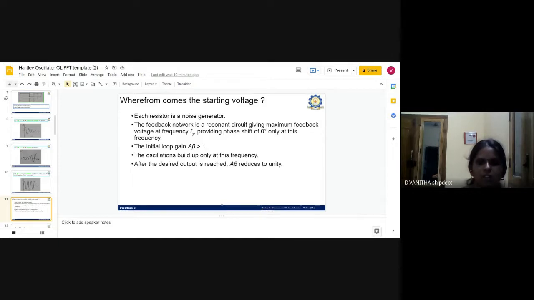Here, the initial loop gain A beta is greater than 1, so the oscillations build up only at this frequency. After the desired output is reached, A beta is reduced to unity.